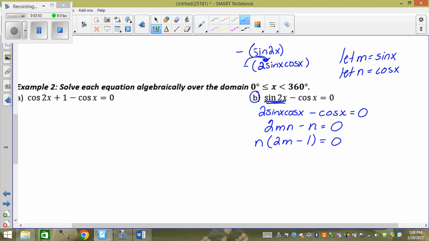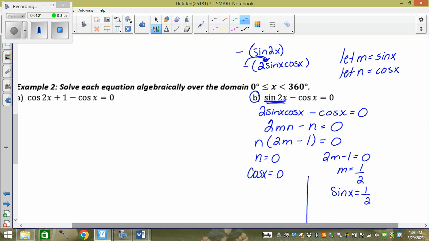Now I still have 2 factors. I have n equals 0, and I have 2m minus 1 equals 0. So m equals 1/2, because I'm adding the 1 and dividing by 2. But n is actually cos x, and m is sine x. So I have cos x equals 0, and I have sine x equals 1/2, which you should be excited about, because both of those are on the unit circle.